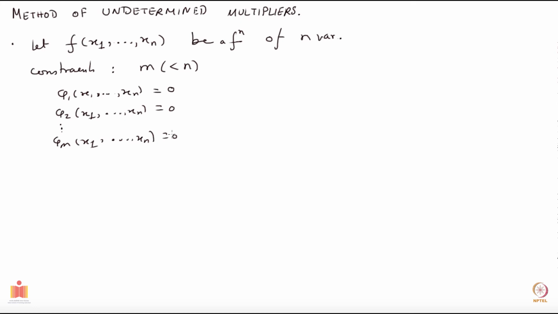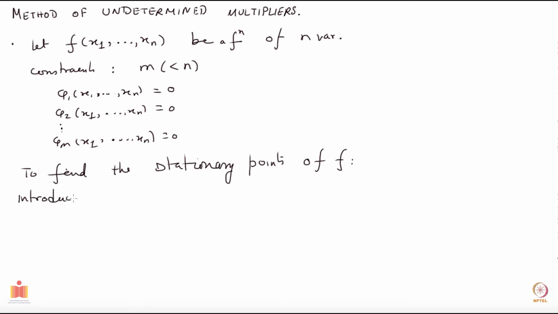So to find the stationary points of f, we introduce m multipliers, one multiplier corresponding to each of these constraints.